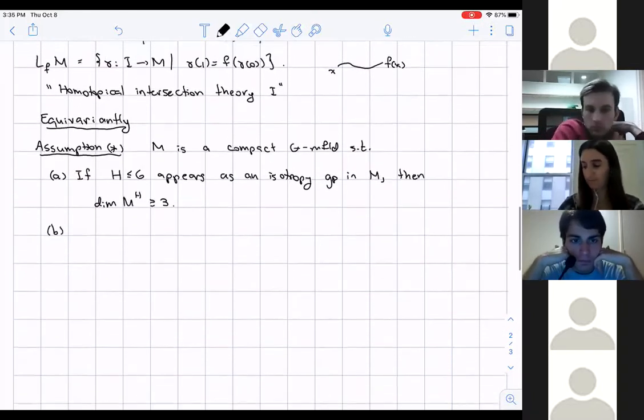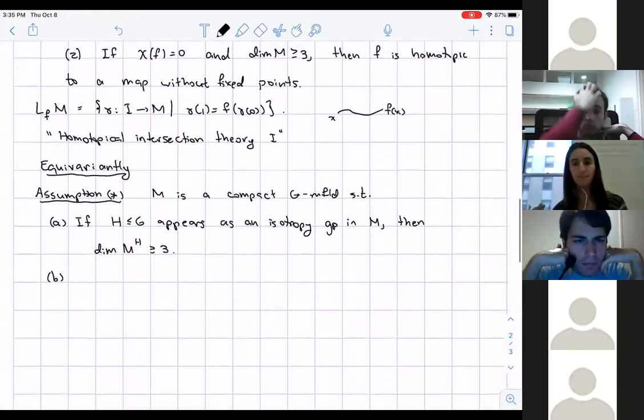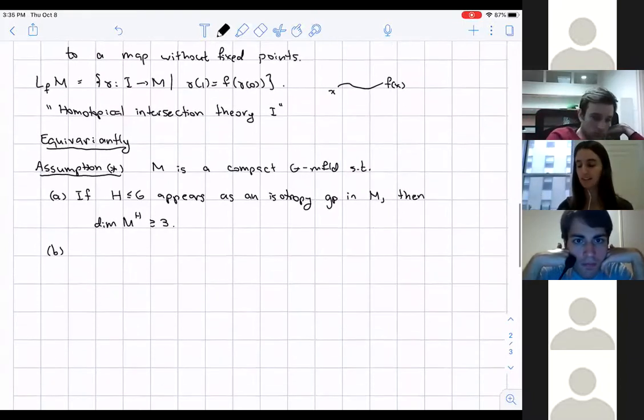So this is just a straightforward equivariant generalization of the assumption in the non-equivariant theorem. We just want all of the fixed submanifolds to have dimension at least 3.